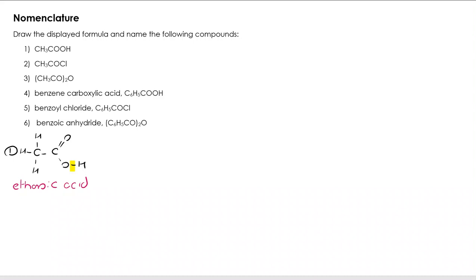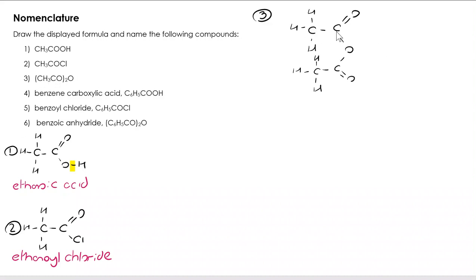For number 2, we've got our display formula CH3COCl. We've just been looking at these. That one is ethanoyl chloride. And for number 3, we have got our CH3CO and a CH3CO, so that's our (CH3CO)2O, and they're bonded about the O. And this is ethanoic anhydride that we've already spoken about.